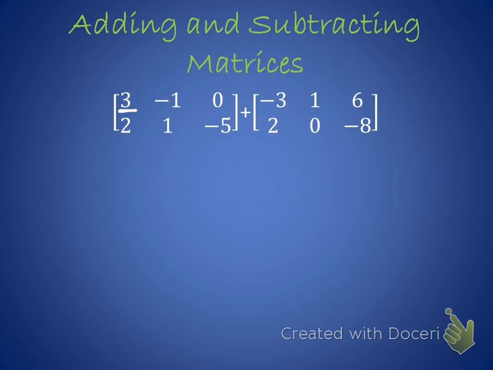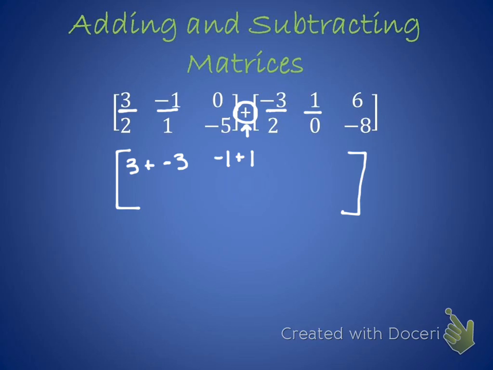So if the number's in the first position, it's going to be added, or whatever sign is in the middle, with the other number in the first position. Okay, and this is how we do this. I would write another matrix here, and I'm going to write 3 plus -3. Those are the numbers in my first position. Then we need to add the numbers in the second position, which is -1 plus, I always keep that plus sign because it's right in the middle, 1.